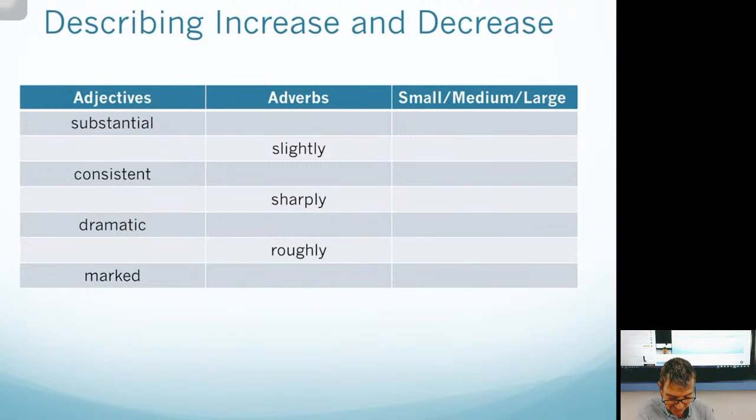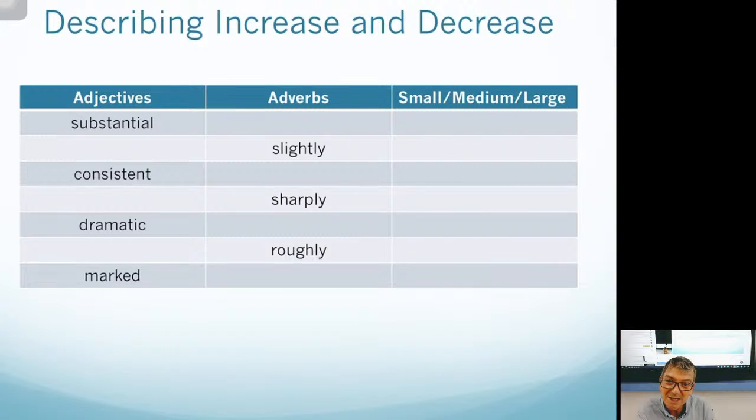You need to use maybe another way of saying that. So we'll look into that in a minute. But for now, change the adjective substantial to an adverb, and then also change an adverb slightly back to an adjective. So do that for all of these.